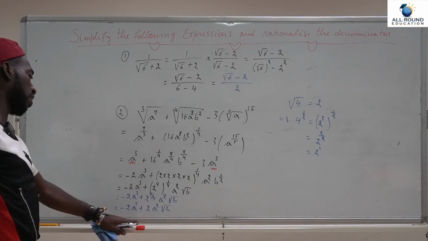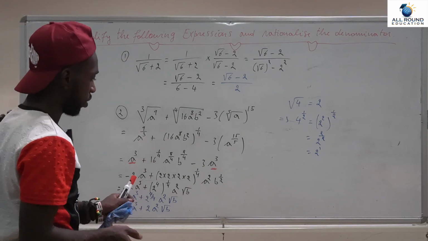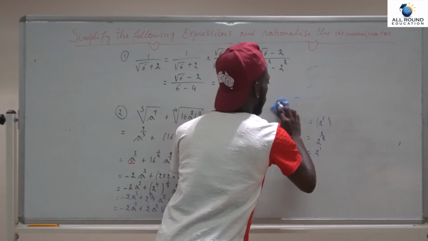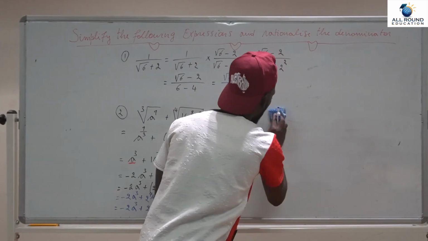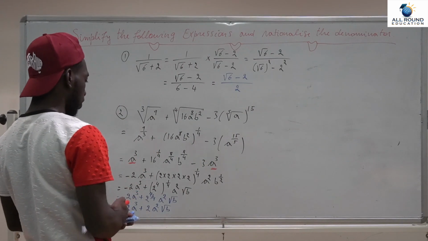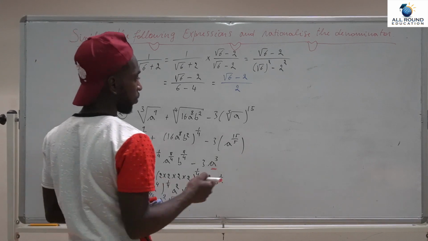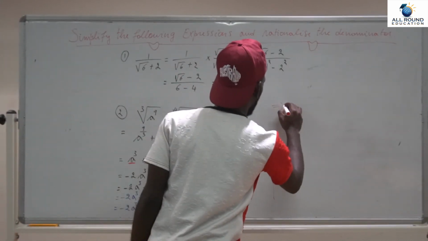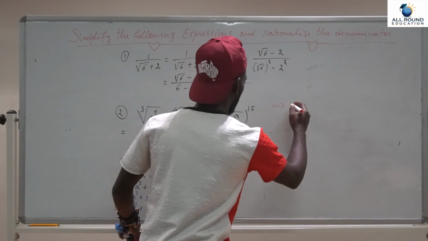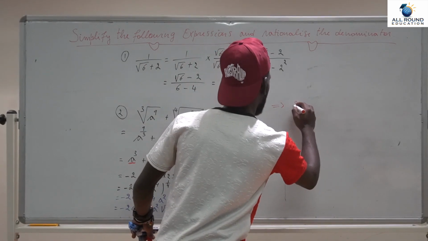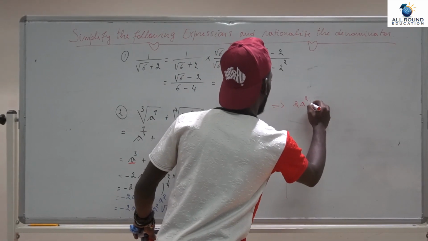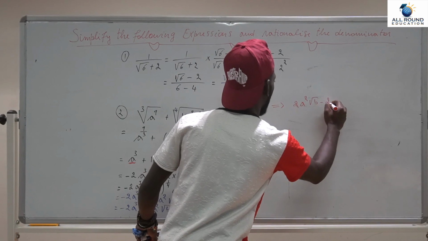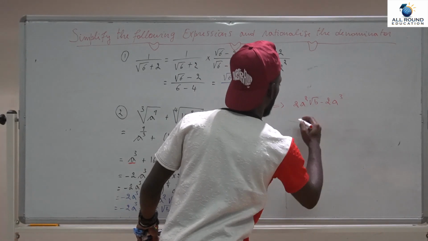Really, you could leave it like that, or alternatively, you can write the final solution as 2a squared root b minus 2a cubed, right?